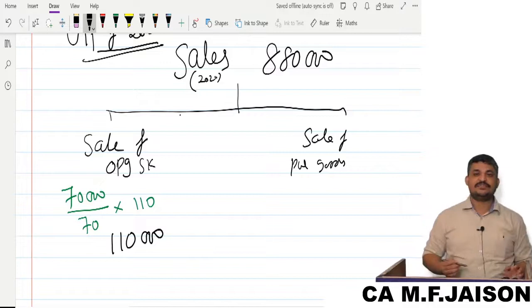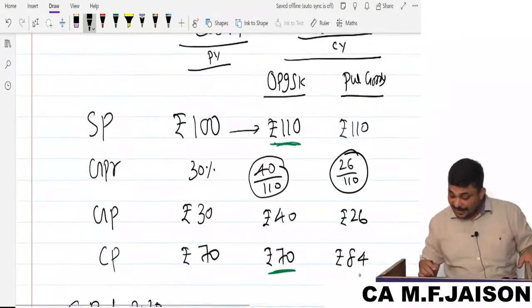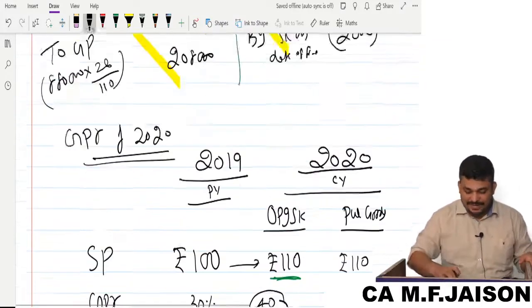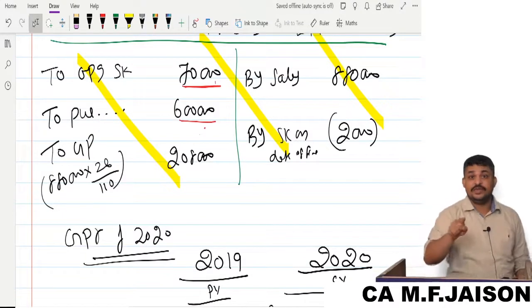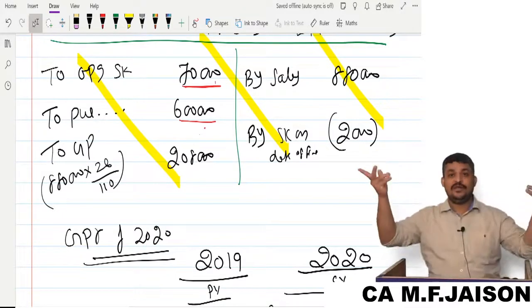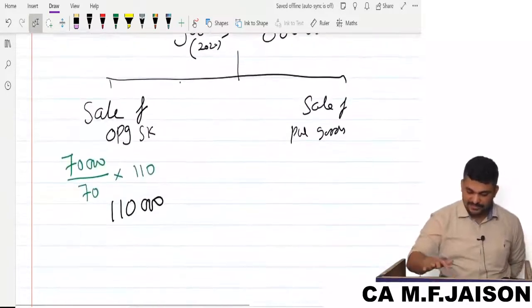In the sale of purchased goods, it's just a balancing figure. You can't take it the same way, like 6 lakhs by 84 into 110, which would mean you are assuming the entire purchased goods are sold with no closing stock. You can't assume like that. Listen carefully, my dear friends.